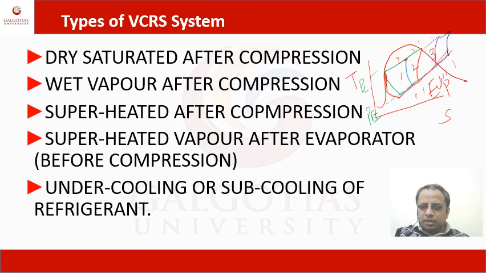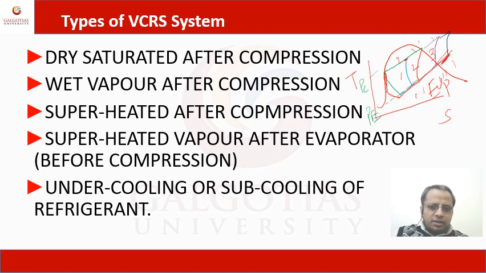At this temperature level, the refrigerant will get superheated before the compression. So this VCRS performance cycle is superheated before the compression, or after the evaporator. So the other condition is also possible, with superheated vapor after evaporation or before compression. So the fourth condition is also possible.